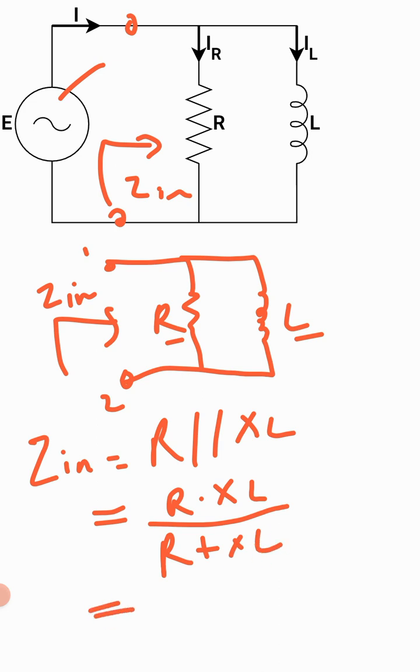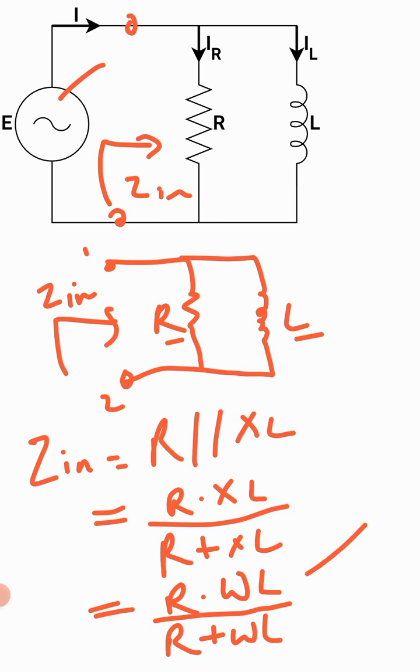XL is angular frequency omega multiplied by the value of the inductor, that is omega L. So you see that Z in is a function of frequency. Omega is angular frequency. Remember, omega is equal to 2 pi f.